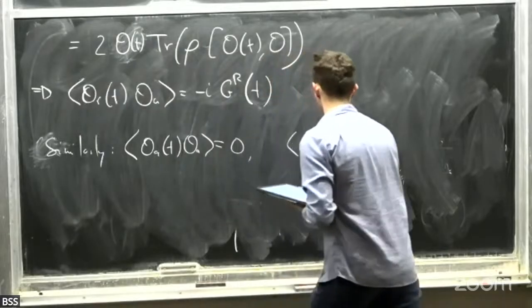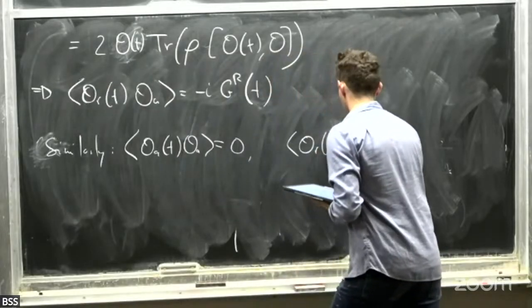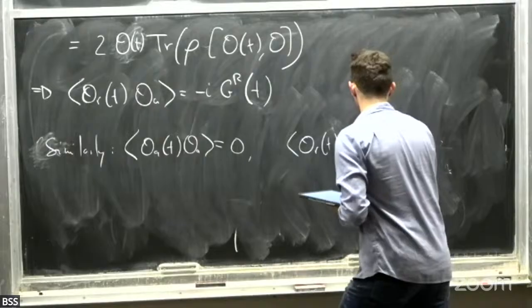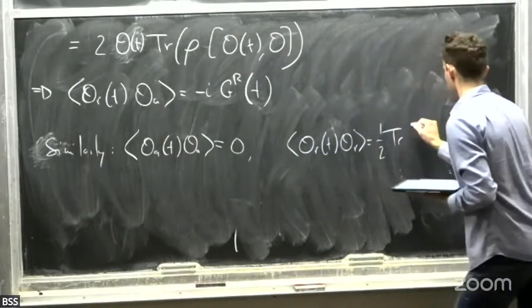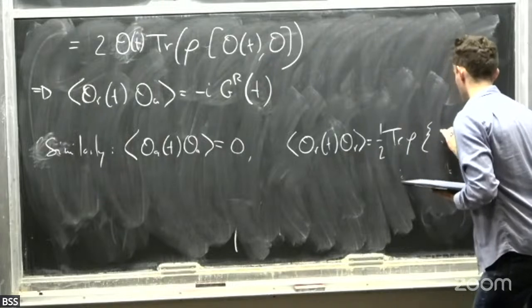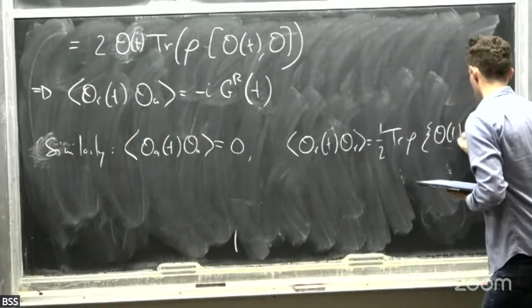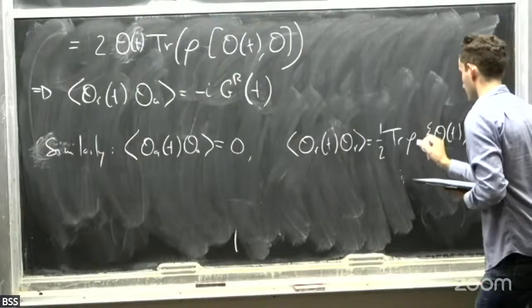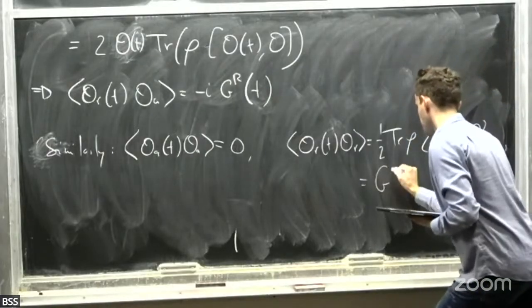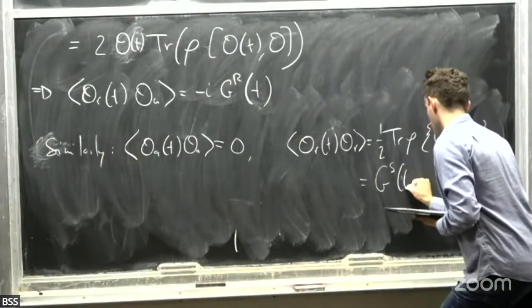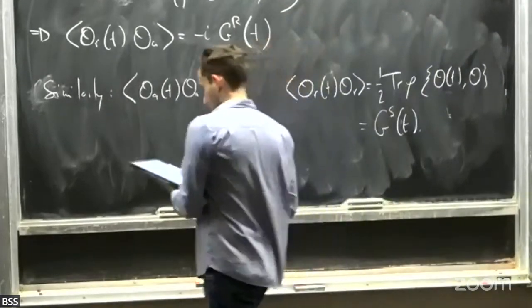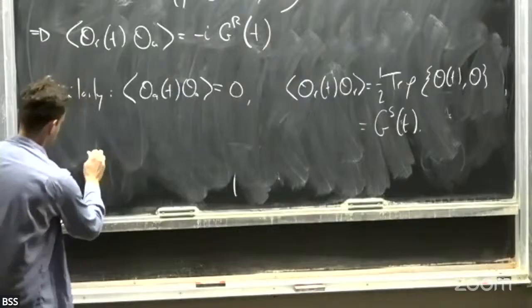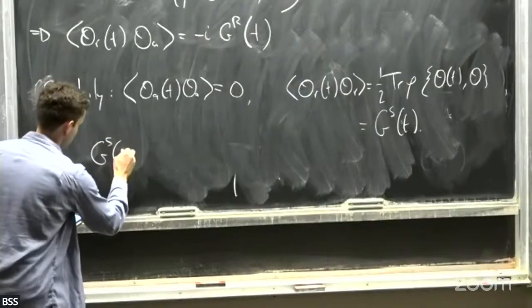And the RR correlator, if you spell it out, involves an anti-commutator of the operators, and it's what we usually call the symmetric Green's function.